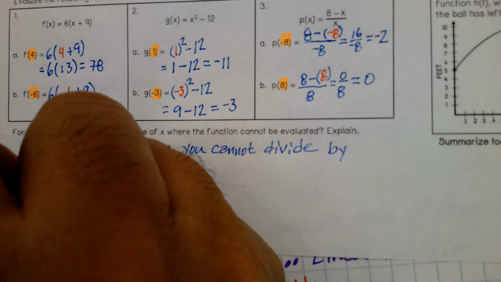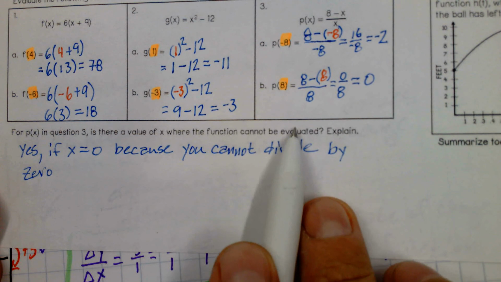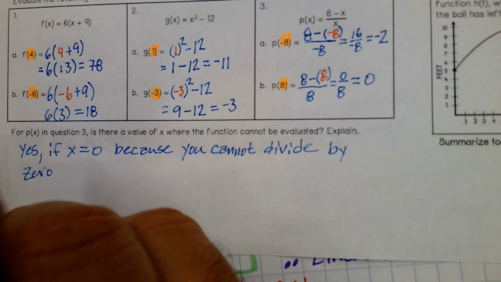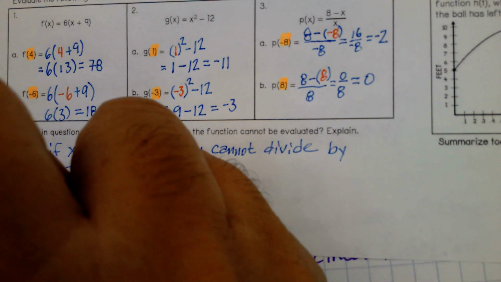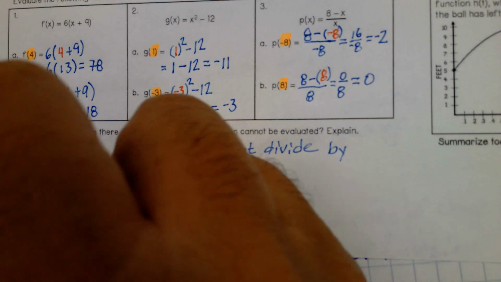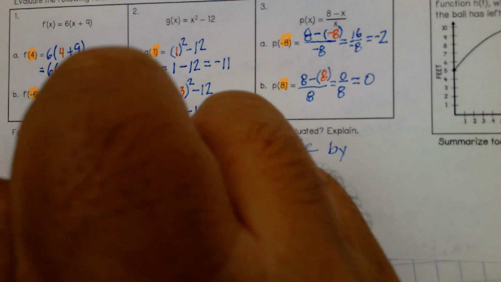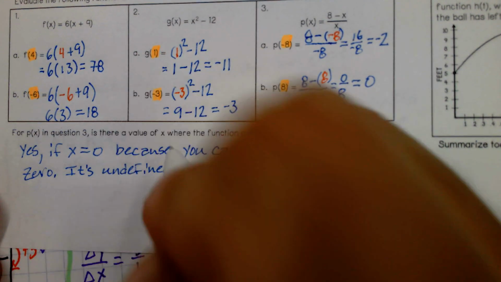And once you get into calculus and pre-calculus, when you're graphing stuff and you wind up with a 0 like that in the denominator, funny stuff happens to the graph. Let's say it's undefined. It's undefined.